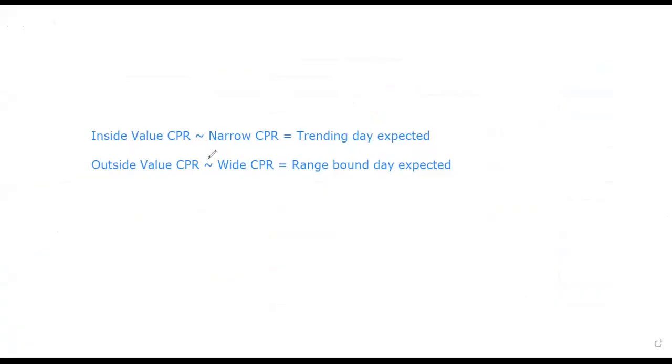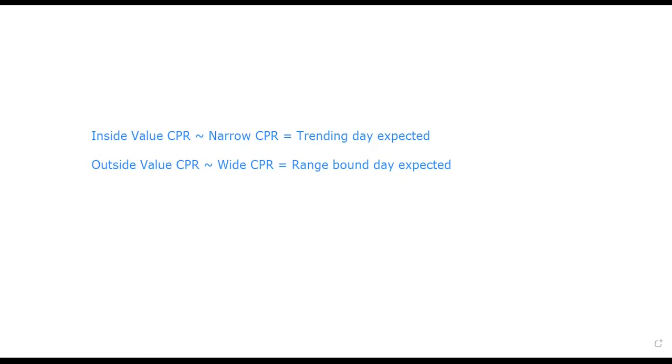So this is what I meant by the inside value CPR. When it is an inside value CPR, this is similar to a narrow CPR and we can expect a trending day. If it is an outside value CPR, this is similar to a wide range CPR and we can expect a range bound day. Again, like what we saw in our first 2 sections, this may not work all the time.